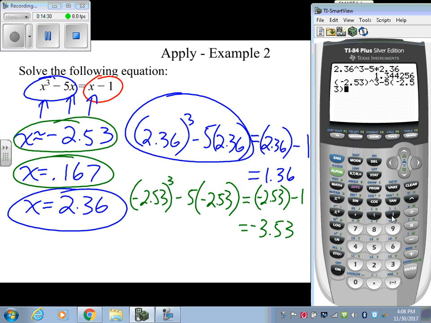I press enter, and again, I'm expecting to get something around negative 3.53 and negative 3.54. Again, only 1/100th off, and that was just because we had rounded earlier. So we are finding values that make these true statements. And again, what were our techniques? We took the left-hand side of the equation, put it into y1, put the right-hand side into y2, used our second trace for intersect, and found those values of x.